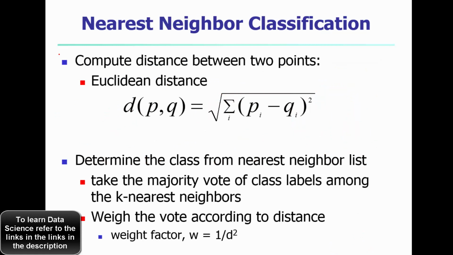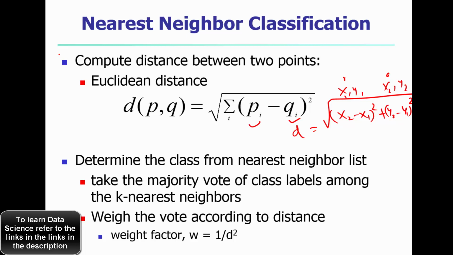So what you need to do here is compute the distance between 2 points. How do you compute distance between 2 points? Well, if you are familiar with your high school algebra, computing distance between 2 points within a plane, x1 y1, let's say this is x2 y2, is nothing but x2 minus x1 squared plus y2 minus y1 squared, and then just the square root of that. So if pi is a data point, qi is another data point, just take the difference.